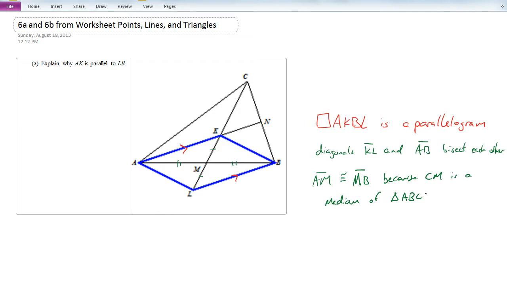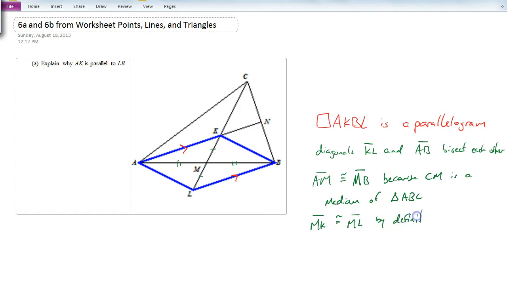Okay, and then the second bit is that we knew that KM is congruent to ML because earlier in the worksheet, L was determined to be the point equidistant from M as K was. So you extend the median CM all the way to L until this segment ML is the same length as MK. So MK is congruent to ML by definition.